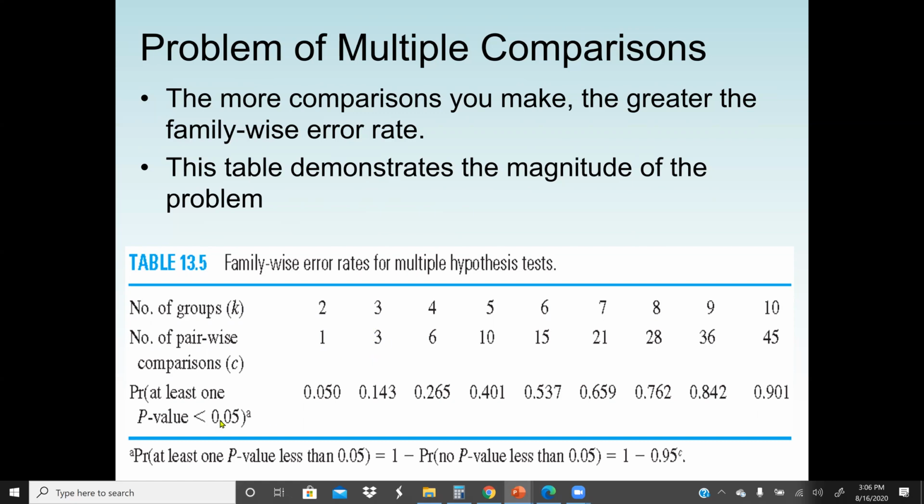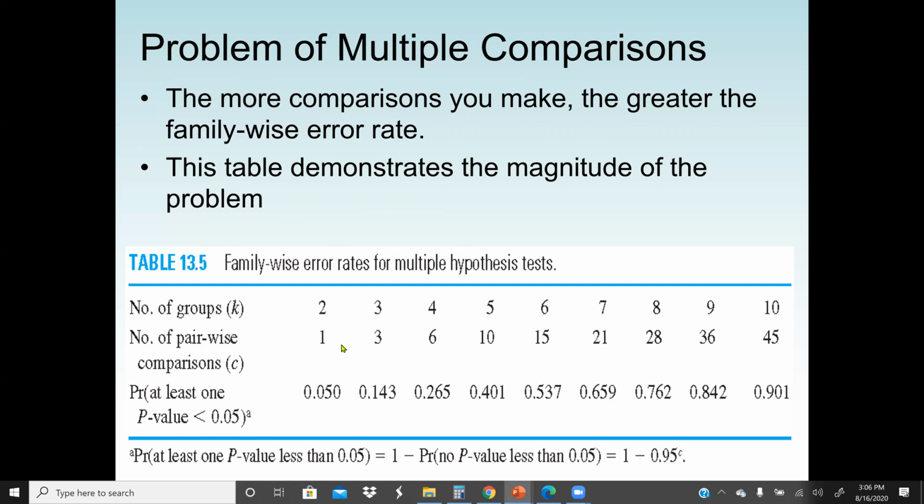And the probability of at least one p-value being less than 0.05 is here to be 0.143. Here is where we get the 1 minus 0.05 to the power of whatever the number of comparisons is; here the power is 3.